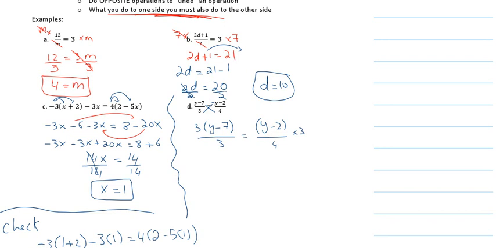Okay. Now, in order to get rid of that 4, I multiply both sides by 4. So what happens here? This and this cancel, right? So what I'm left with is this.